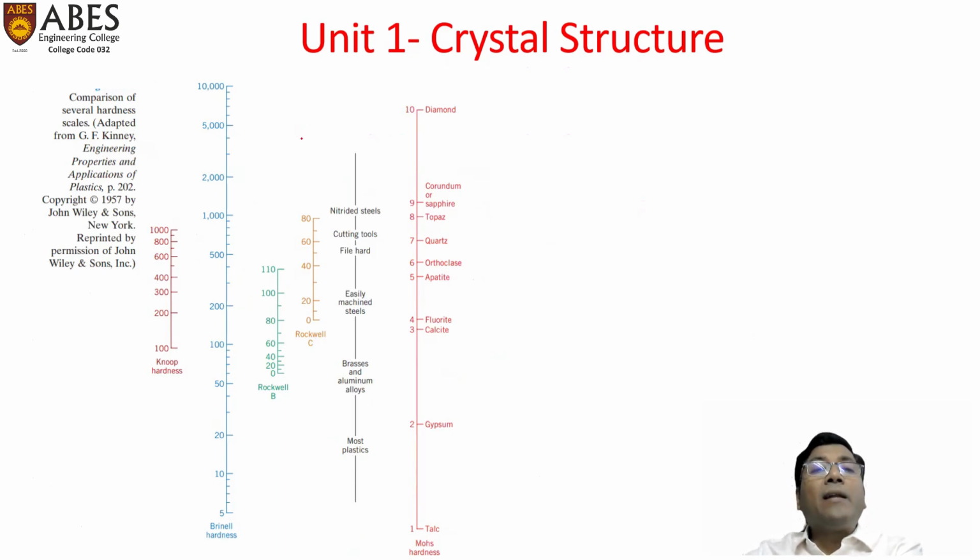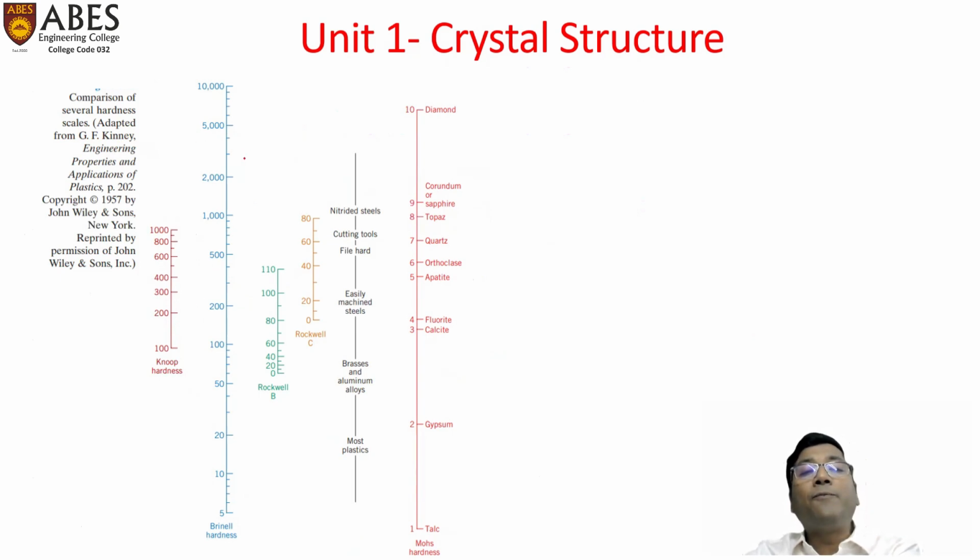This is a general comparison of several hardness scales. The far left is Knoop hardness: 100, 200, 300, 400, 600, 800, 1000. These are the values which can be obtained through the Knoop hardness test. For Brinell hardness, we can have an overlap of 5, 10, 20, 50, 100, 200 till 10,000.